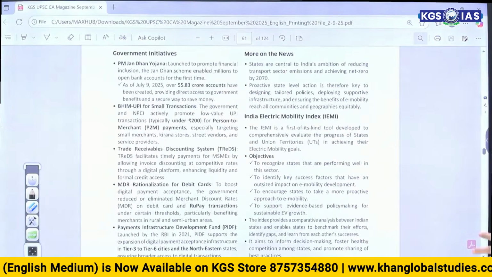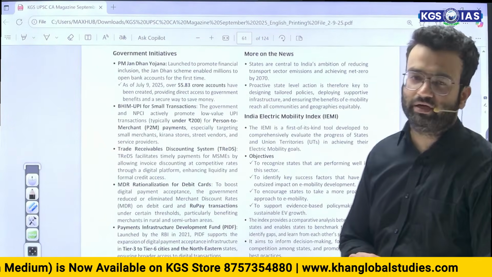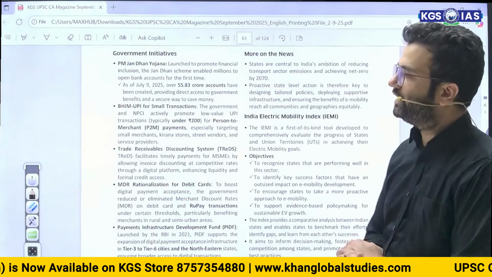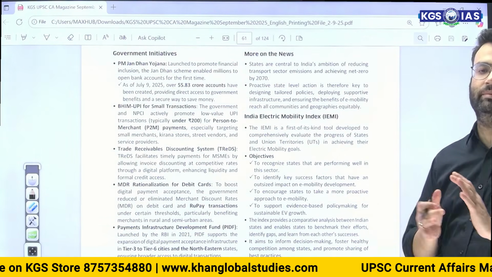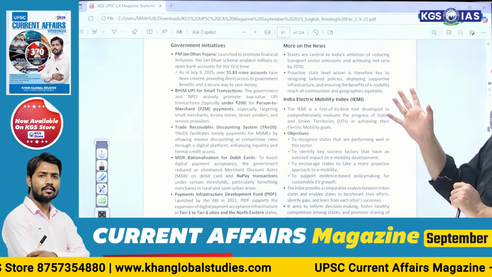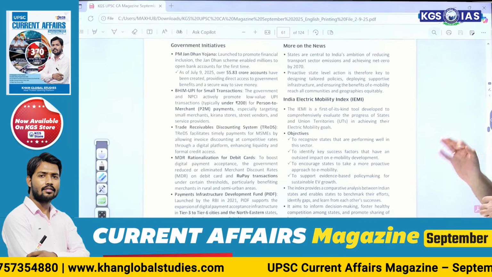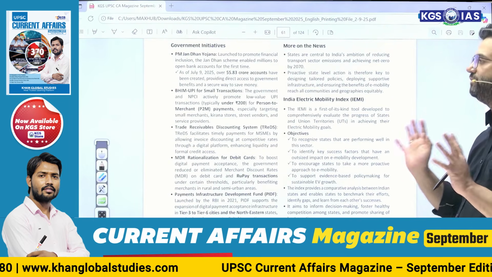Now, what are the initiatives run by the government to promote this? First of all, Pradhan Mantri Jan Dhan Yojana, the biggest scheme to promote financial inclusion. As of July 9, 2025, 55.83 crore accounts have been created.